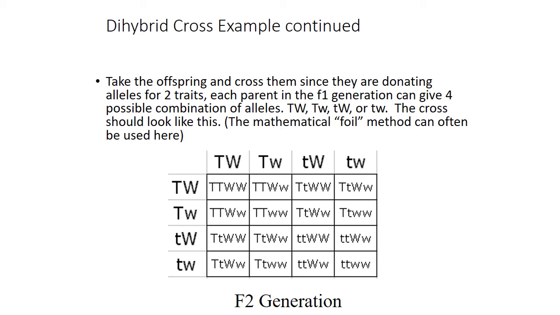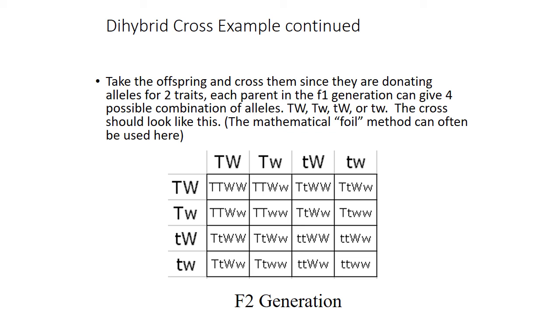Now what we see here is exactly what we did on the last slide, but what we're seeing is them doing it, so it looks a lot nicer. It's not my handwriting. What you see is they have come up with the same alleles we did through the FOIL method, which we see a big T, big W, a big T, little w, a little t, big W, and a little t, little w.